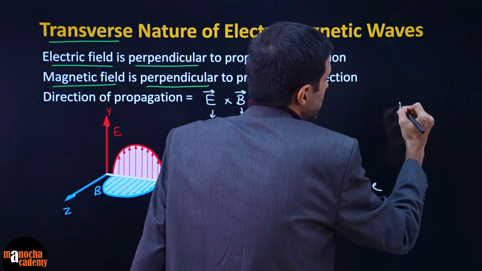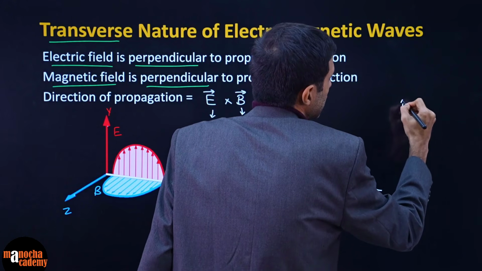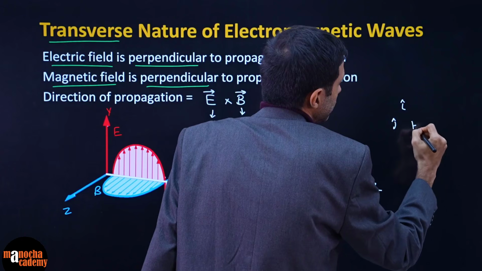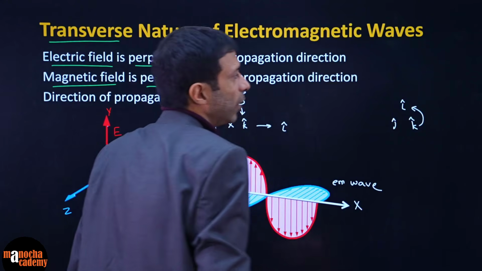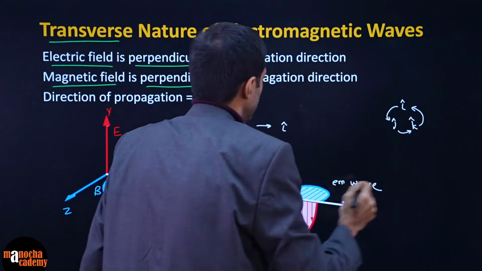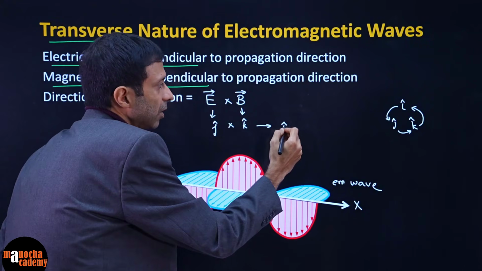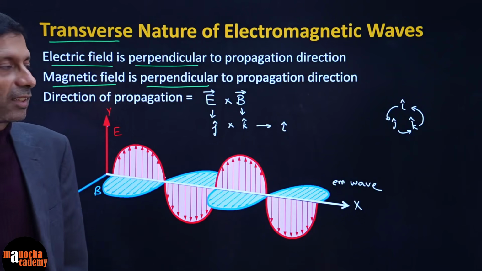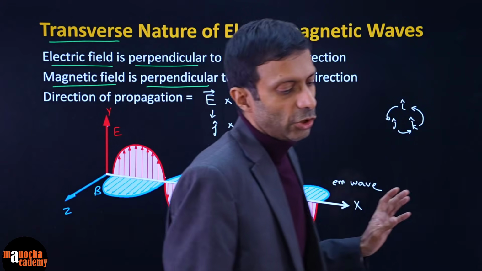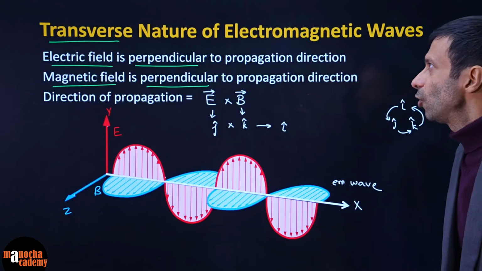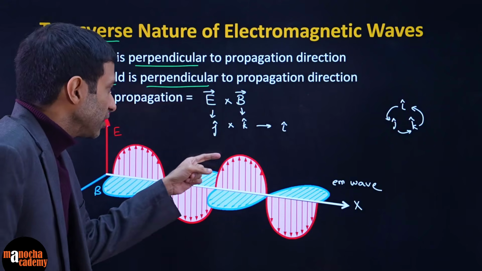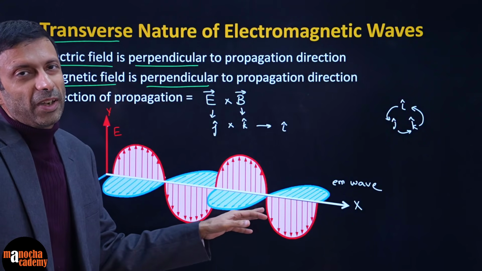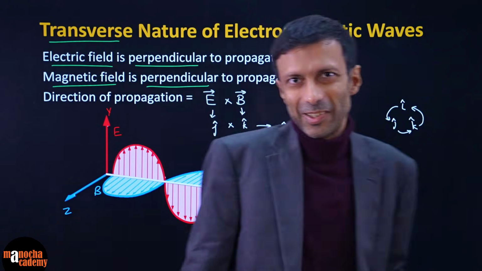Remember that we have discussed in cross products I, J, K. So when you are going from J to K, you go to I, that whole circular rule. So clearly you are getting I cap over here, which is the direction along the X axis. Is that clear? So direction of propagation is E cross B, and yes, it is sort of like a double transverse wave, right? Because the electric field is also perpendicular to the wave direction and the magnetic field.